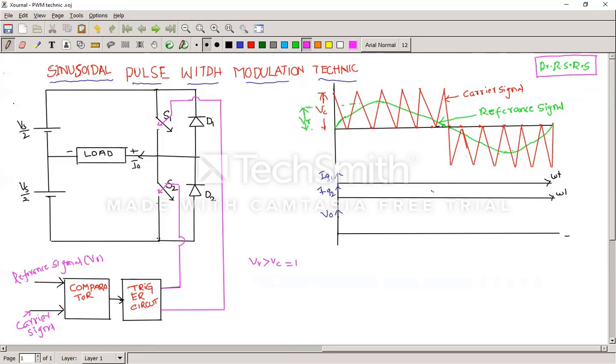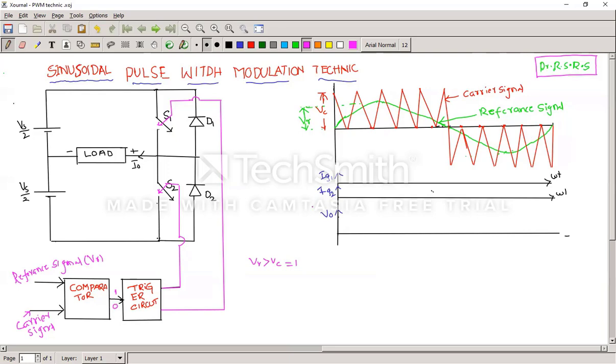If the output is 1, the triggering circuit will be activated. If the output is 0, the triggering circuit will be deactivated. It's not giving any pulse to the switches. S1 will be activated by the triggering circuit during the positive cycle, S2 during the negative cycle.